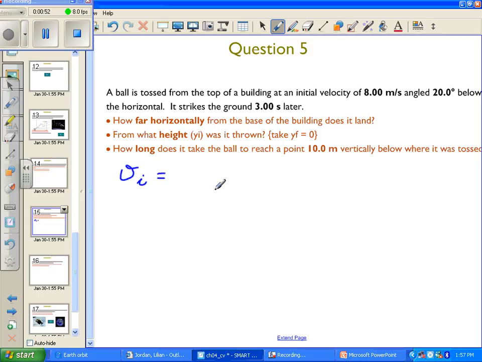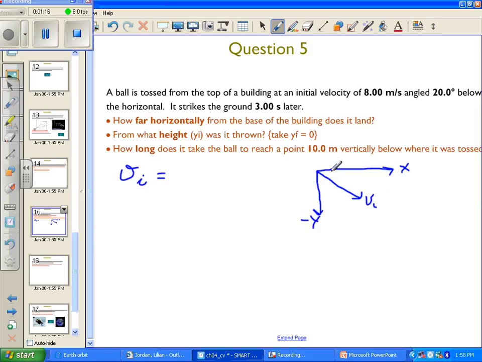The initial velocity is 8 meters per second, but because it is angled downward, when we determine the components of this initial velocity, here x-axis, here negative y-axis, let's label it x, negative y. Here's v initial.